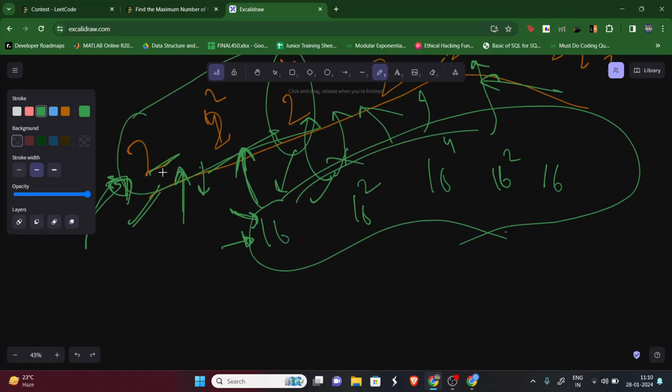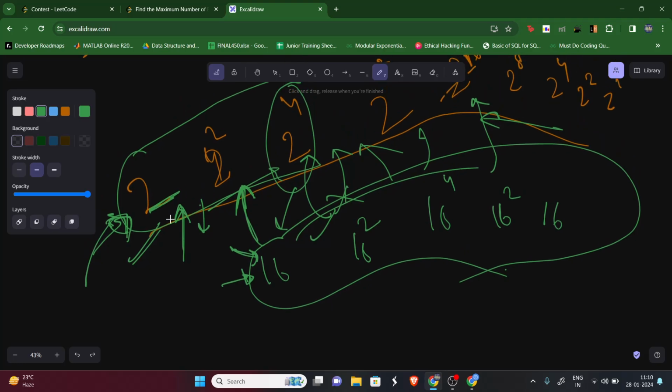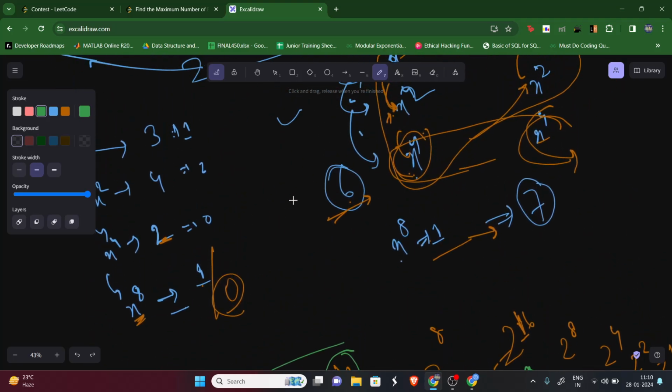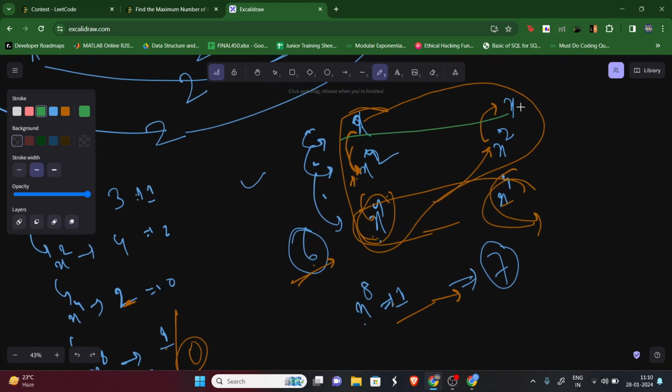So whenever we start from any x, we'll start decrementing its count in the same fashion that we were doing it. If we are taking two elements, then we'll subtract 2 from the frequency. Like here also, if we are taking 2 x square, we'll subtract its frequency by 2.